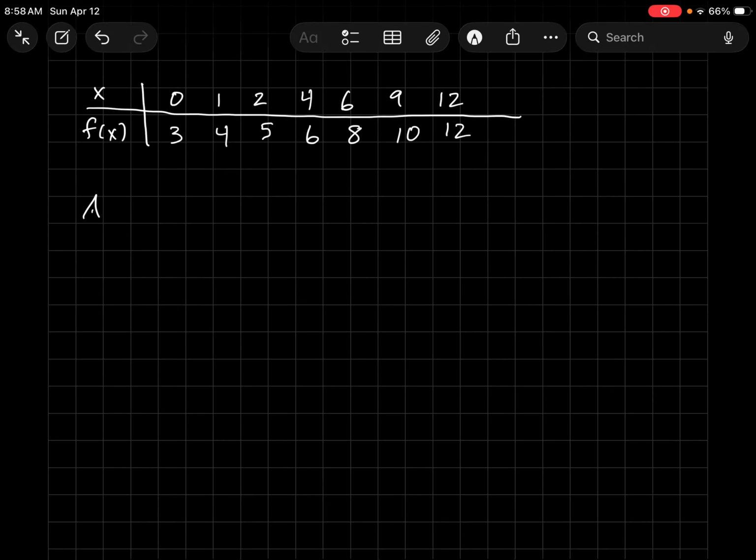And we want to approximate the following integral, f of x dx. This notation we talked about in the introduction video.